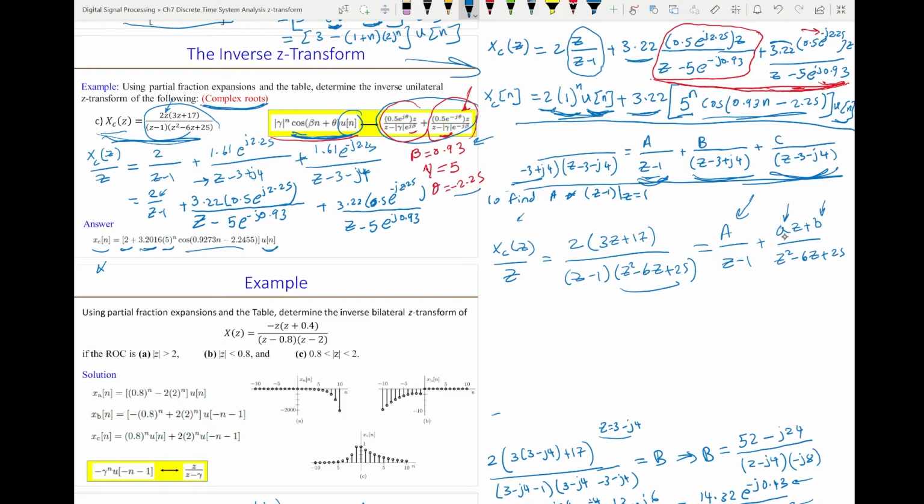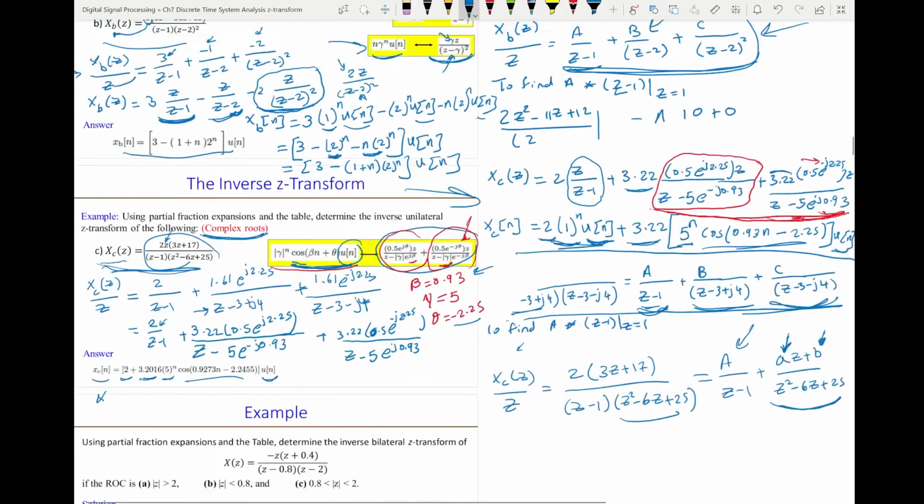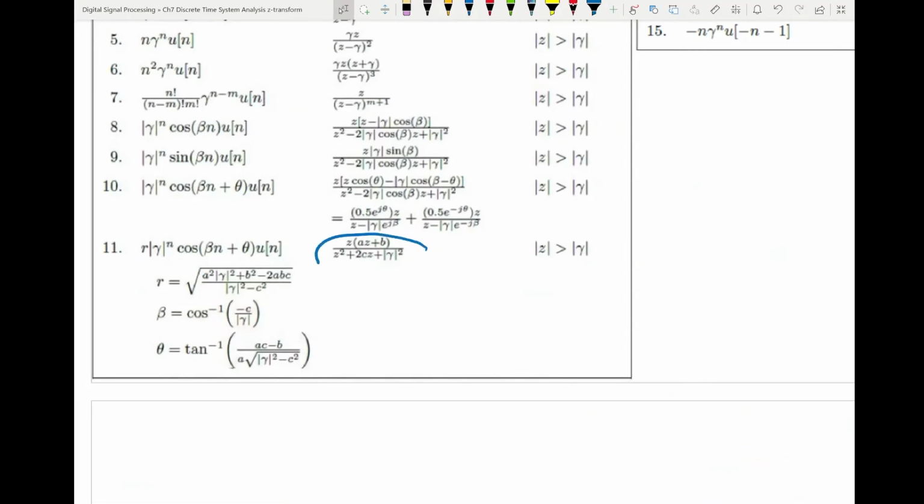When you determine little a and little b and it is in this form, now you use the table. You use this item in the table. You found a, you find b. This is given to c and gamma, that's the quadratic equation. And now using this quantity, little a, little b, and the c, and the gamma, you calculate these terms. And then you plug it here, and that would be the inverse z transform of this one.